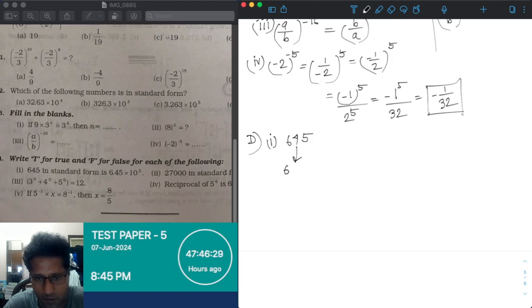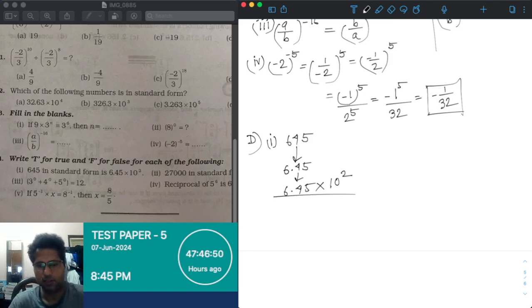So this becomes 6.45. Then we multiply it with 10 to the power n, where n will be the number of digits to the right of the decimal point. We have 4 and 5, 2 digits, so 10 square.